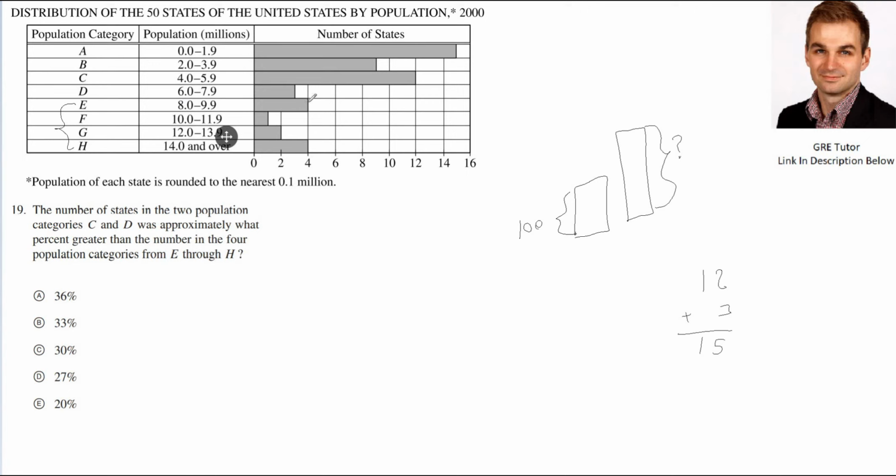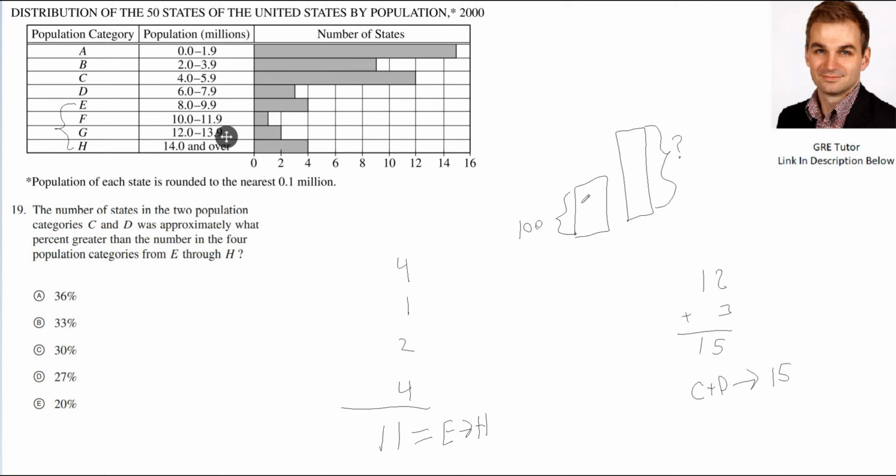So 4 states are in category E, 1 is in category F, G has 2, and H has 4 again. Let's add these up: 4 plus 1 is 5, plus 2 is 7, 7 plus 4 is 11. So E through H is 11, and C plus D is 15.